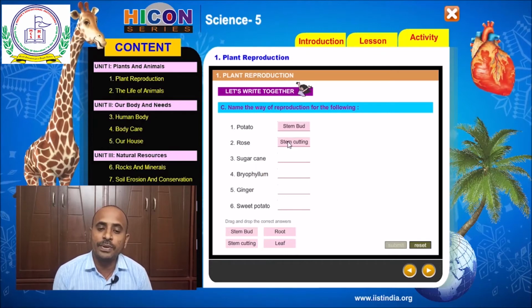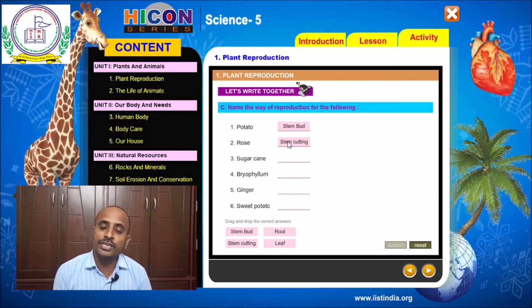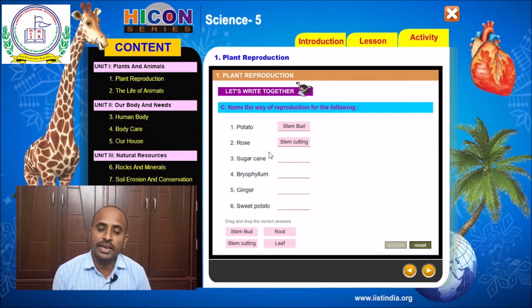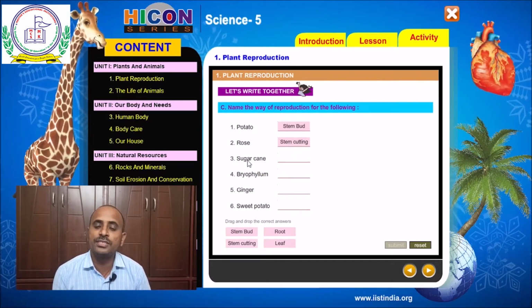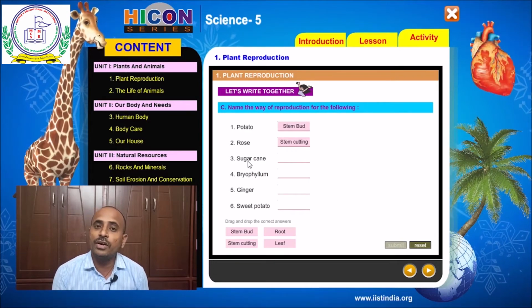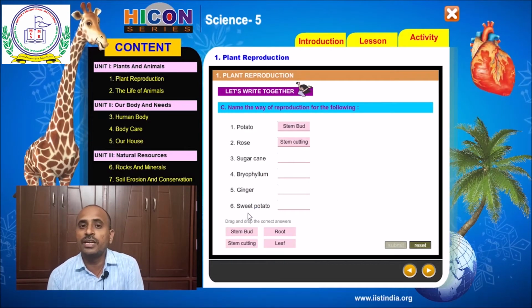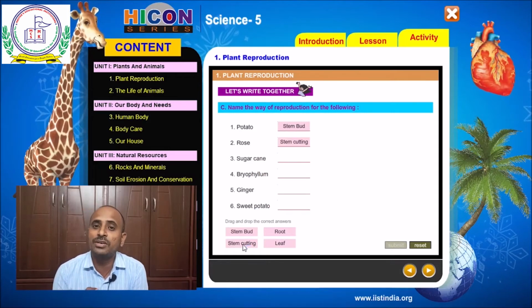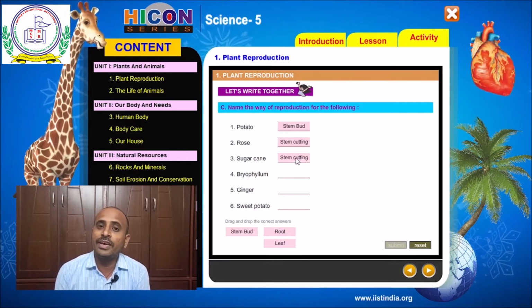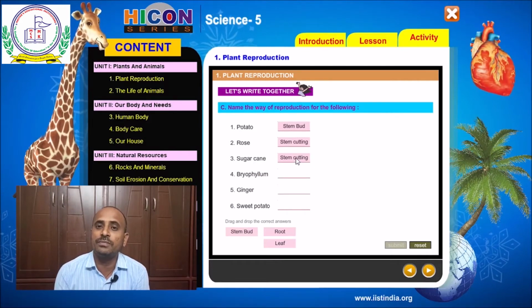Next, the third plant is sugar cane. In which way does sugar cane reproduce a new plant? Sugar cane also reproduces its new plant by way of stem cutting. If we observe the sugar cane, we will see some small buds on its stem.